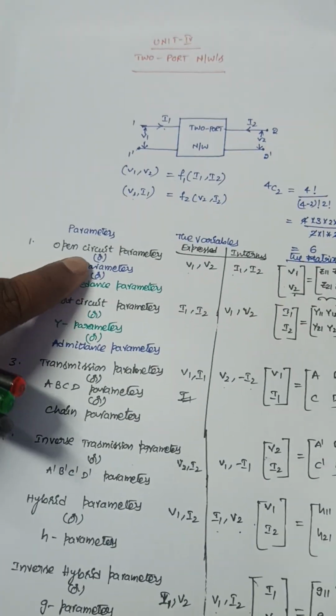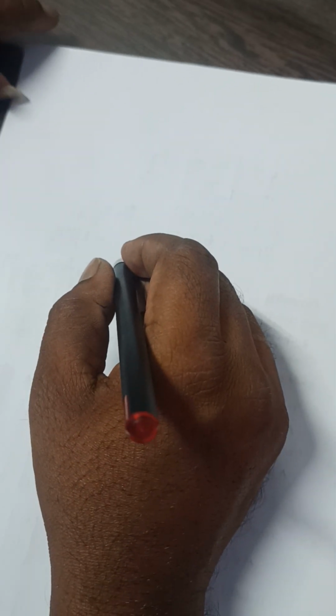First, open circuit parameters, or impedance parameters, or Z parameters.